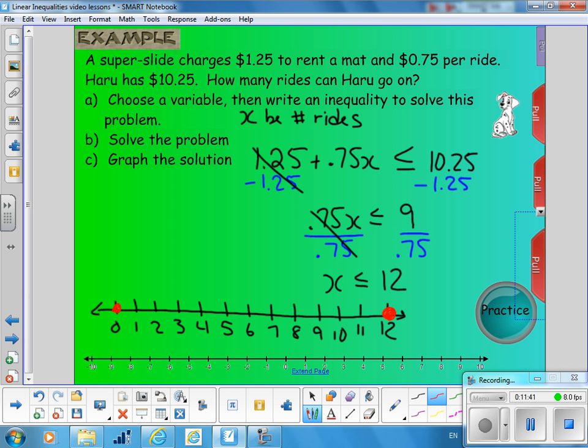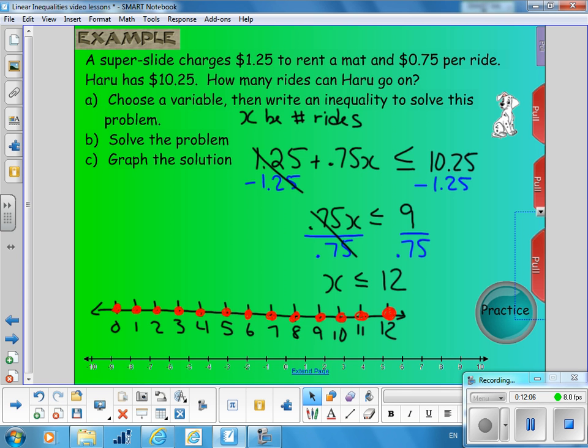So we actually just put dots at each of the values. You don't shade in between because we can't go on part of a ride. So that's how you would graph this solution. It's called discrete data. There's nothing between those points that satisfies this situation.